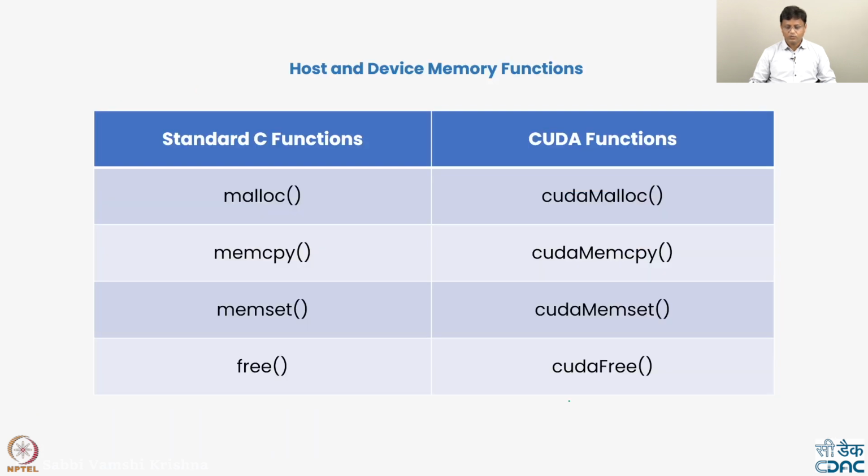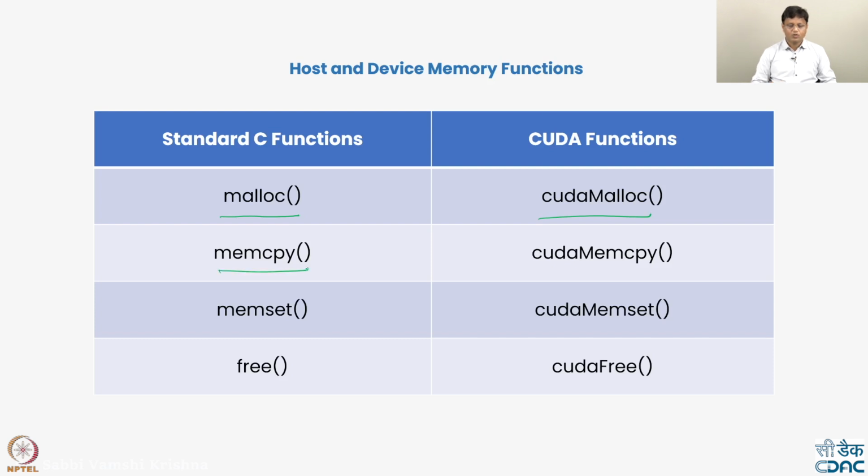Next are the host and device memory functions. I will discuss these functions in detail, but for understanding purposes I have just given you some comparison. Just like in standard C, there is a malloc function which is used to allocate memory space on the system memory, meaning the CPU's memory. Similarly, CUDA has a function called cudaMalloc, which is used to allocate the GPU's memory.